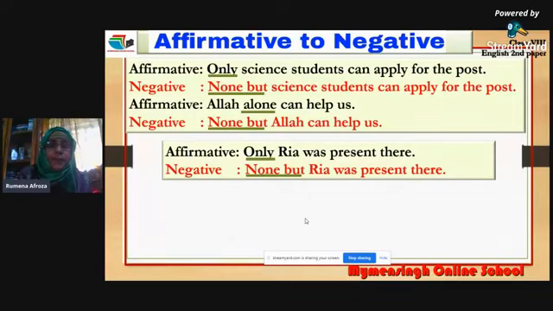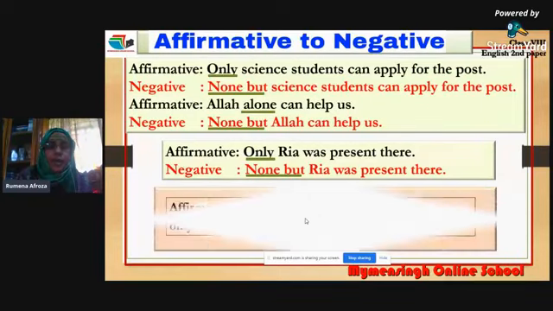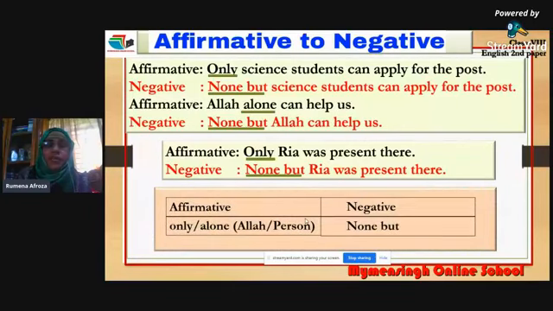If it is a person, when you find only in the affirmative sentence and it indicates a person or Allah or God, you will use none but. Okay, students, I think it's clear to you and it is easy for you. Just omit the only and use none but.